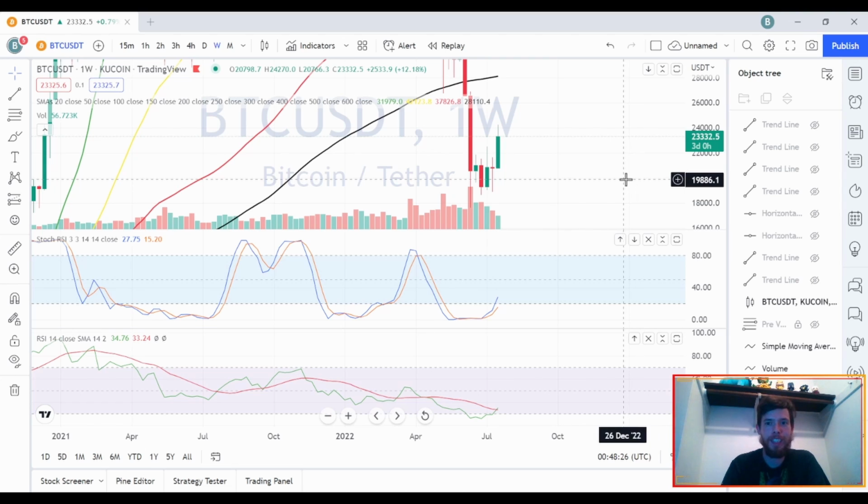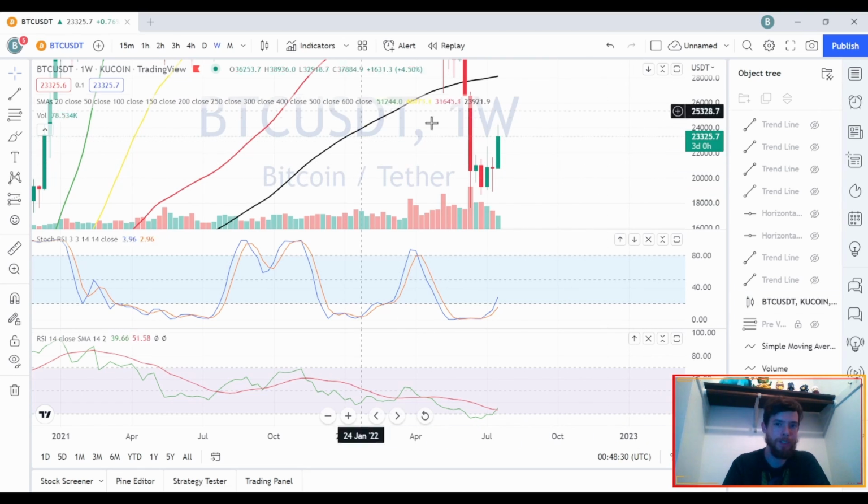It's a weekly candle, so it takes another 3 days from now for this candle to confirm. And then usually you'd want to wait until the next candle confirms. That way you could see whether the crossover is confirmed or not, because if the next candle's red, the green line could probably come down, and you'll see the blue line come down under the orange line.